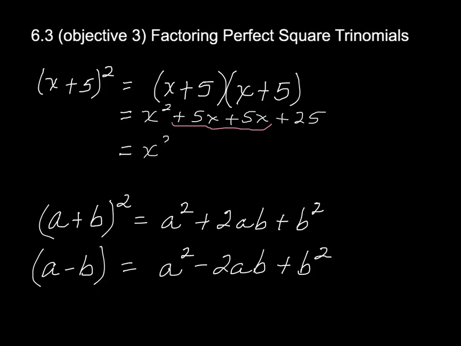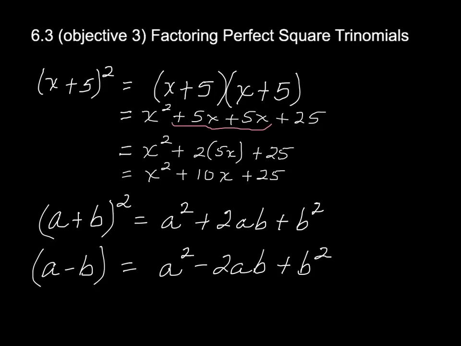So we get x squared plus 10x, which is really 2 times 5x. Watch how I write it. 2 times 5x, which is really 10x, plus 25. So there is a pattern that always appears when you square a binomial.